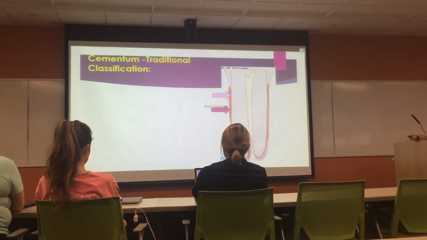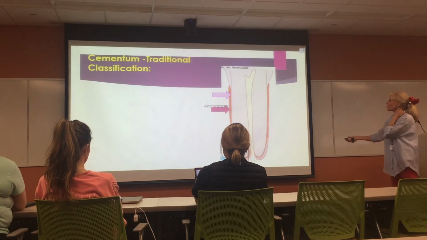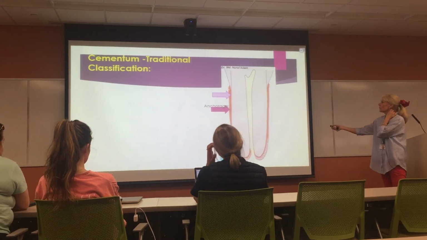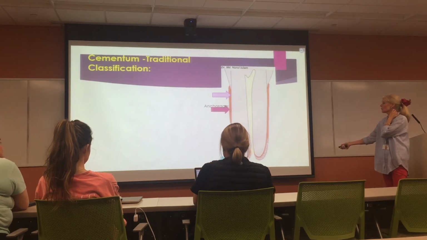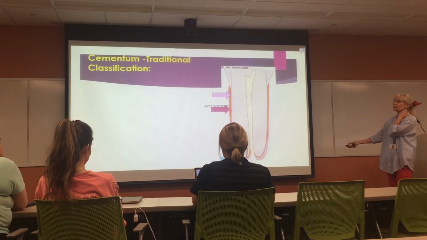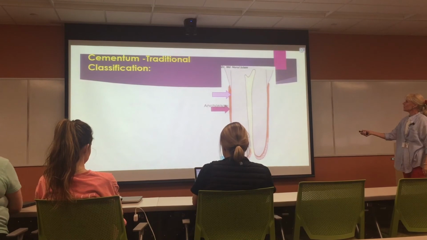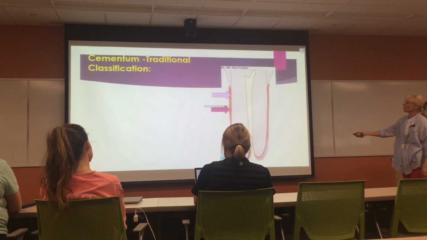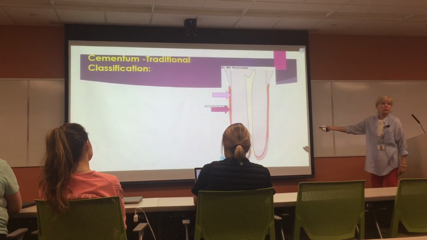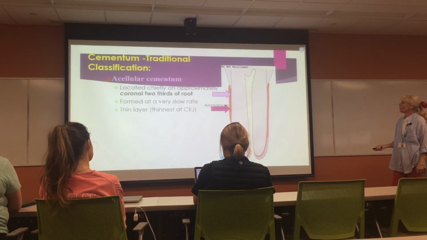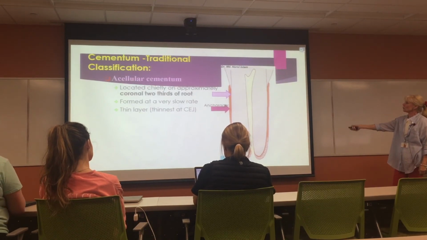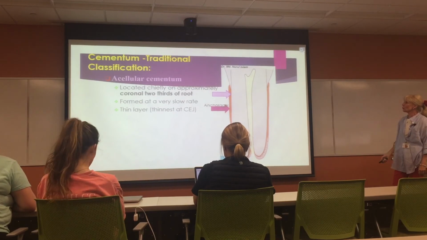Okay, here is our little classification. This is what kind of cementum right here? Acellular. This is called, obviously, cellular here. And this is where we're going to have most of the anchorage fibers. So acellular is the first coronal two-thirds.